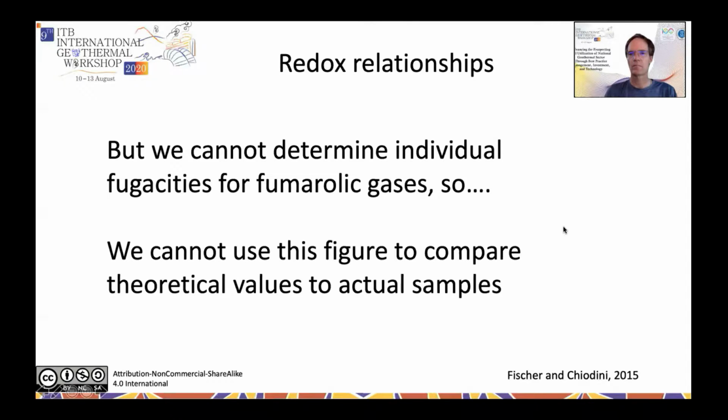However, in volcanic gas and geothermal gas geochemistry, we cannot determine the individual gases or the individual fugacities for fumarolic gases. By fumarolic gases, I mean gases that come out of gas vents. So we can't really compare the figure that I just showed as a comparison of theoretical values to actual samples.